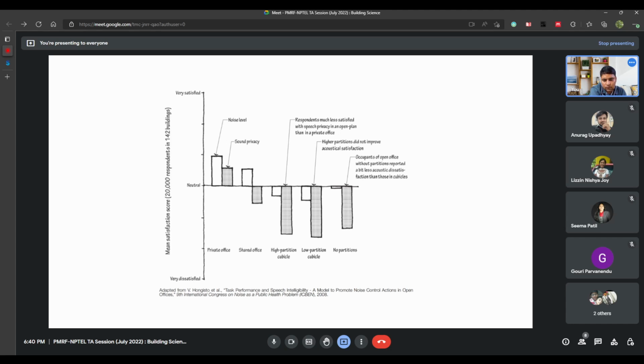In open plan offices, most of them were very dissatisfied with sound privacy.